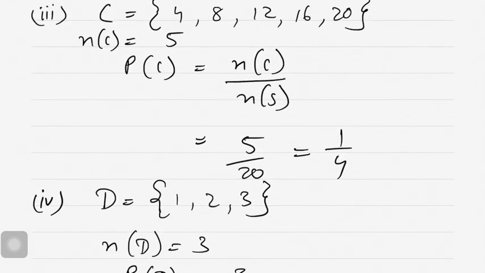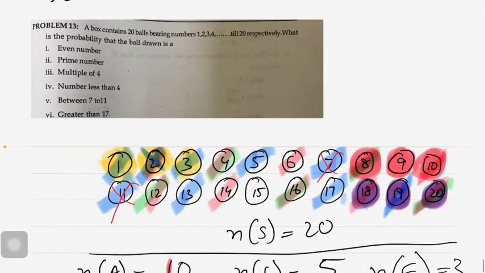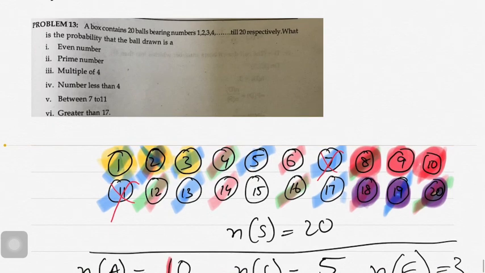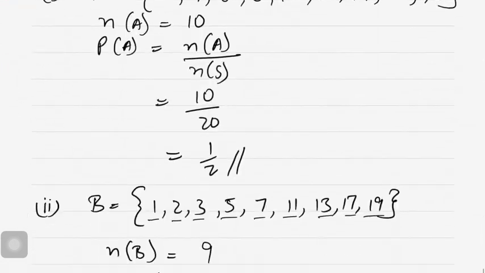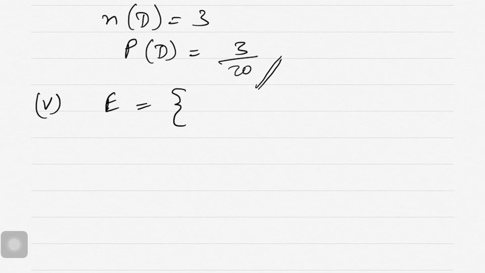Fifth part, E. What is fifth part? Between 7 to 11. Okay. 7 to 11 means 8, 9 and 10. You will not include 7 and 11. I am repeating again.